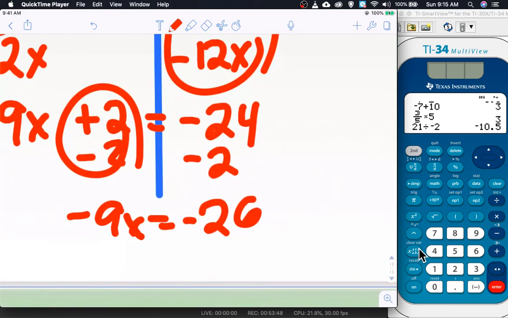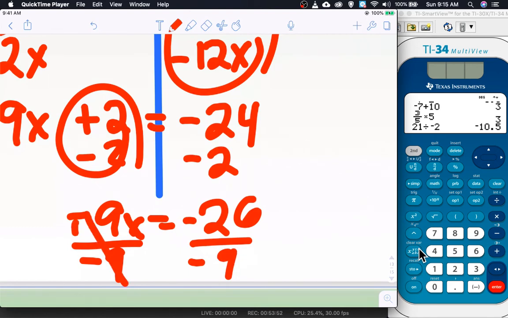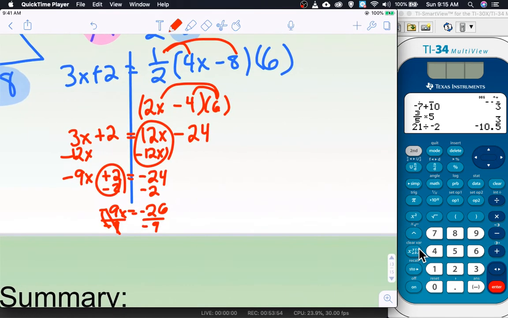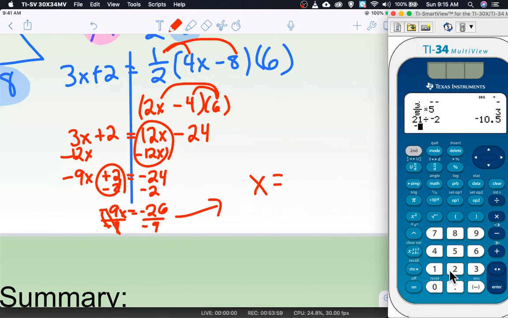So my next step is I'm going to divide by negative 9 on both sides. These cancel out. And I guess over here, x equals negative 26 divided by 9 is negative 2.8 repeated. So in case you don't know, almost all calculators round the last digit.